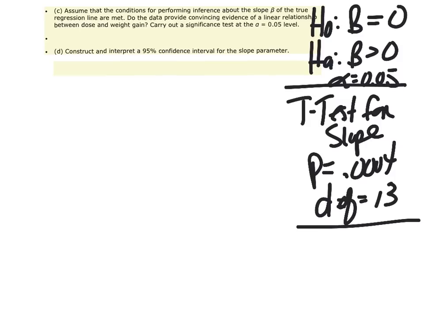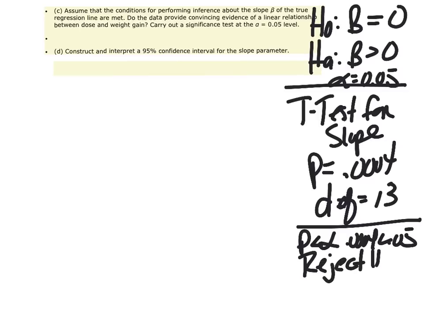The conclusion for this one, we're just going to say p is less than alpha, so we have 0.0004 is less than 0.05. Because of that, we can reject H sub O. And we're going to conclude H sub A, and I'm just going to conclude that there is a linear relationship between the dosage and the weight gain of the chickens.